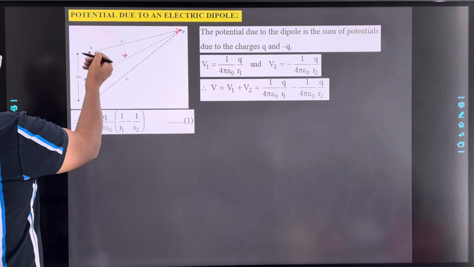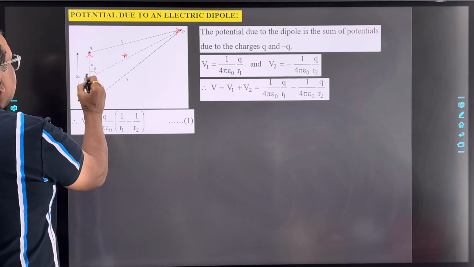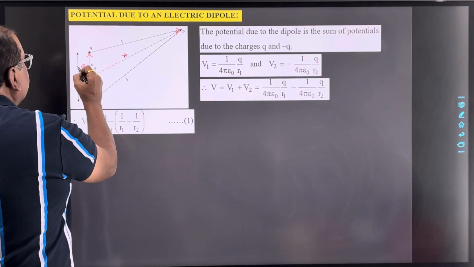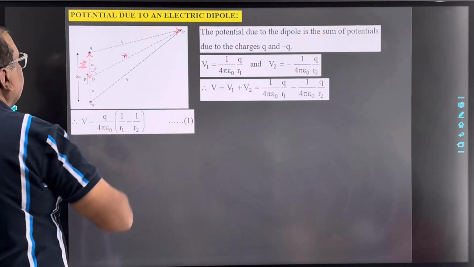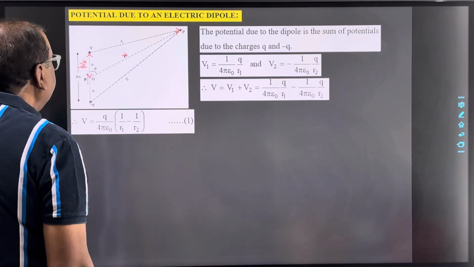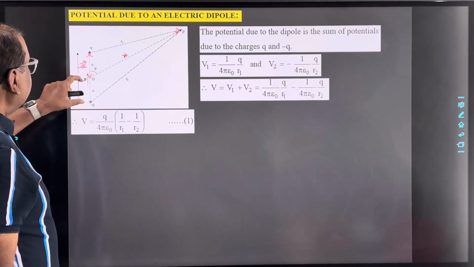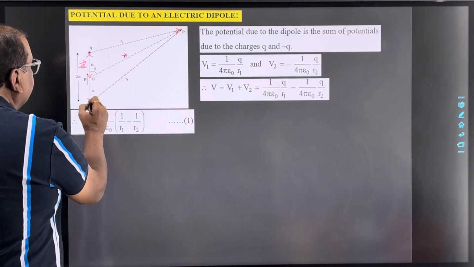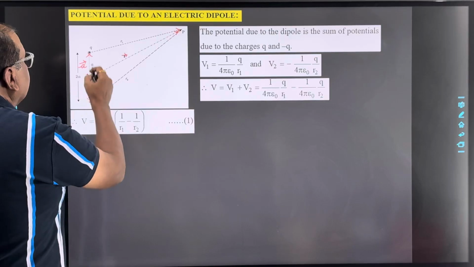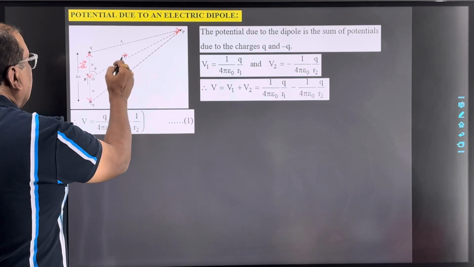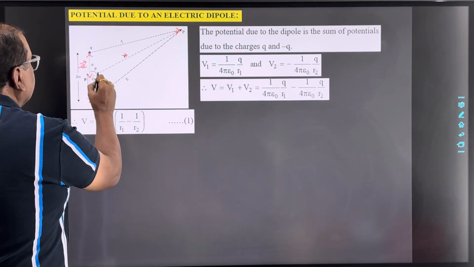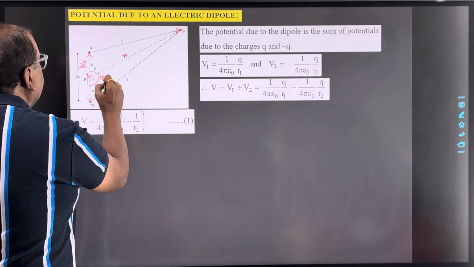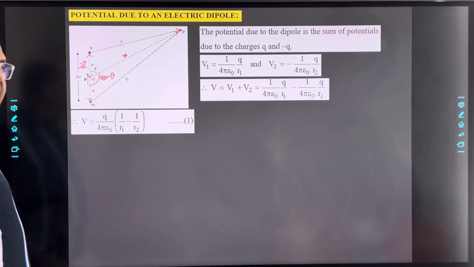If we take the opposite vector of A like this, we can write it as minus A. We can extend it up to this point. So the angle between R and A is 180 minus theta.